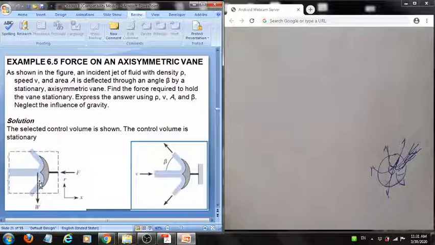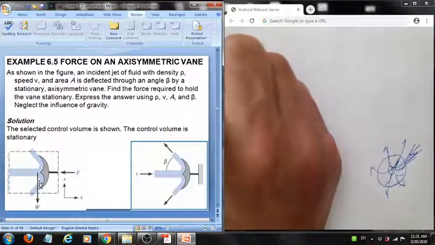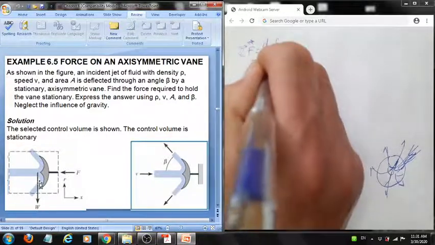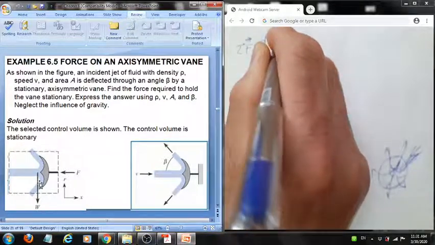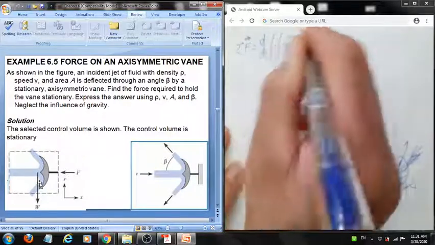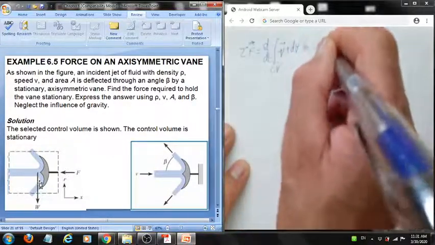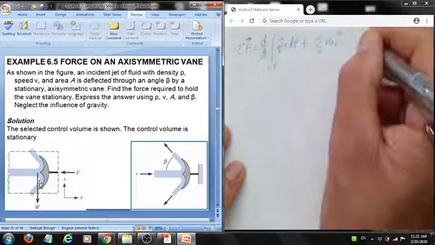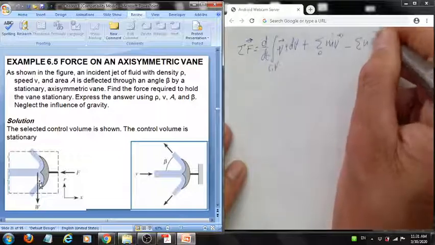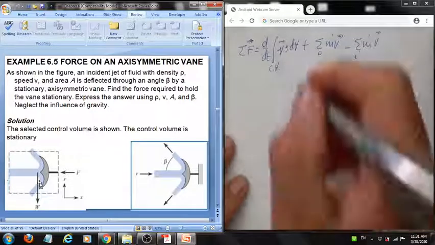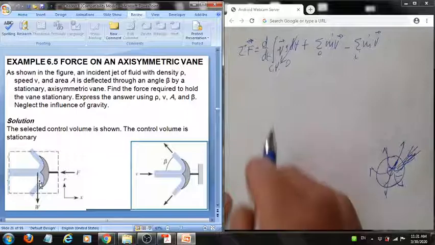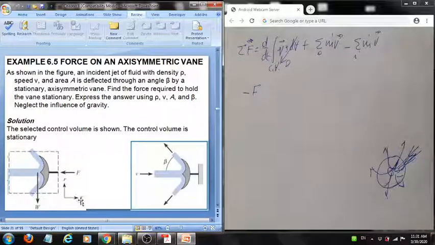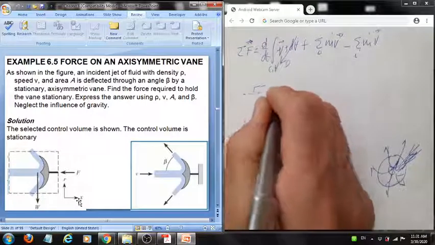And then we apply our momentum equation: summation of forces equals the rate of change of momentum inside the control volume plus momentum leaving minus momentum entering. Steady. Summation of forces, we have F, because we assume this acting in the negative x direction, equals 0.